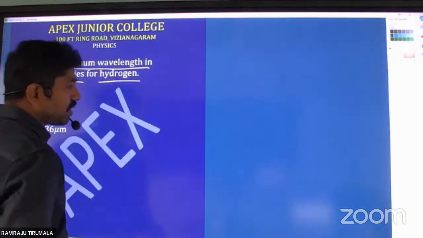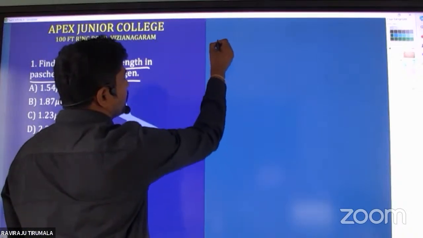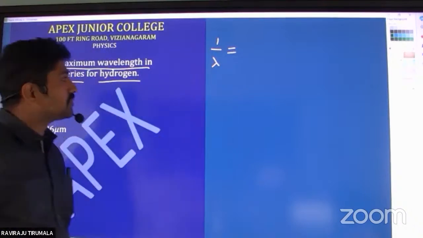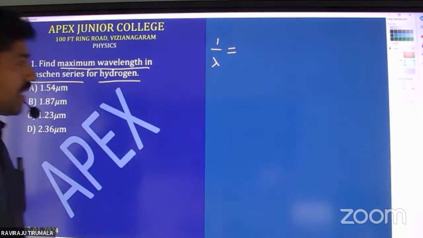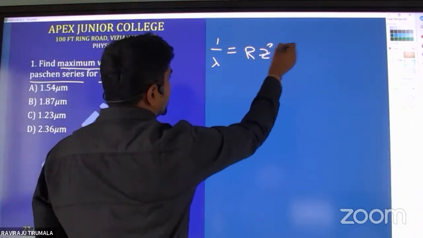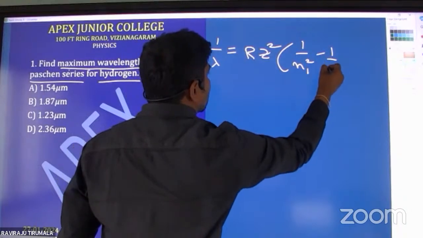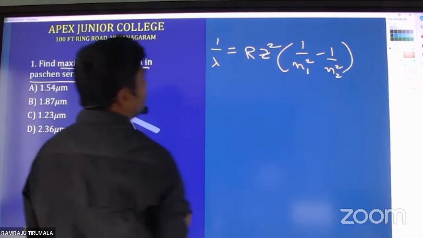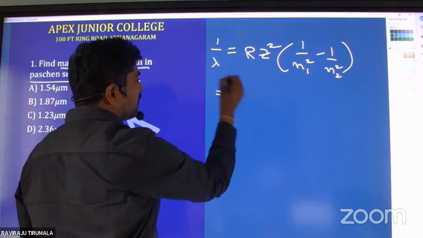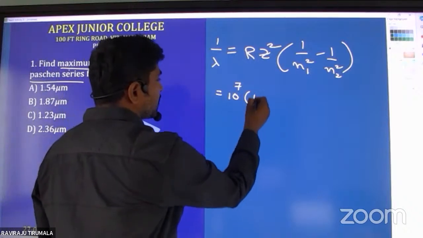Now, when the electron jumps from fourth to third, what is the general formula for wavelength? 1 by lambda equals Rydberg constant into Z square into (1 by n1 square minus 1 by n2 square). Rydberg constant is nearly equal to 10 power 7. Z is the atomic number; for hydrogen, it is 1 only.